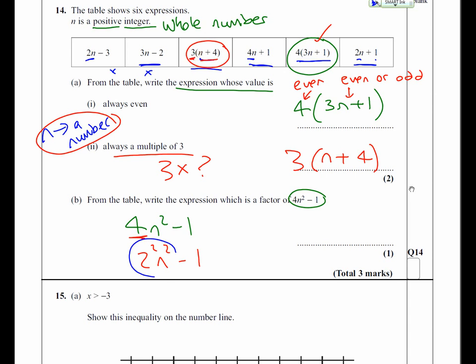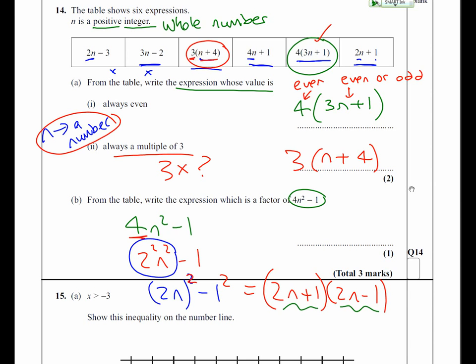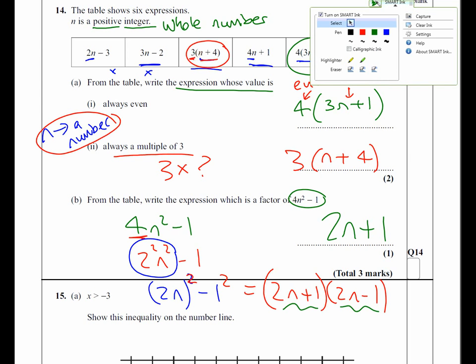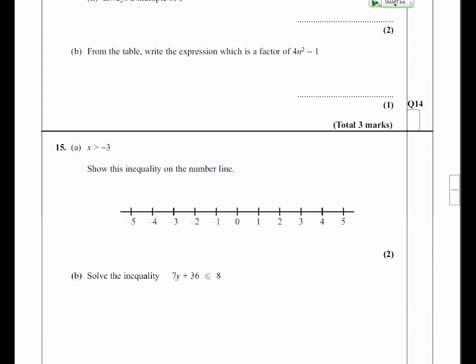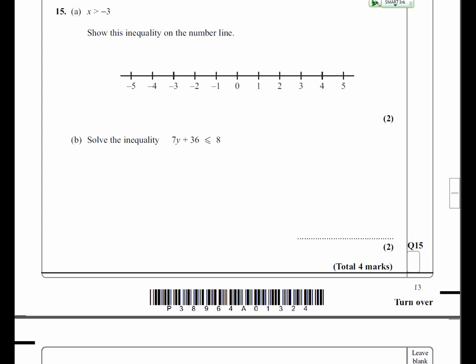So that's 2 squared and n squared, and you can square the whole thing together, minus 1 or 1 squared. This is called the difference of 2 squares, and that equals (2n plus 1)(2n minus 1). Can we see any of these above? 2n plus 1. Okay? It's one way to do that question, by actually factorizing it yourself. Factorizing gives it to you as factors times together, as it says.